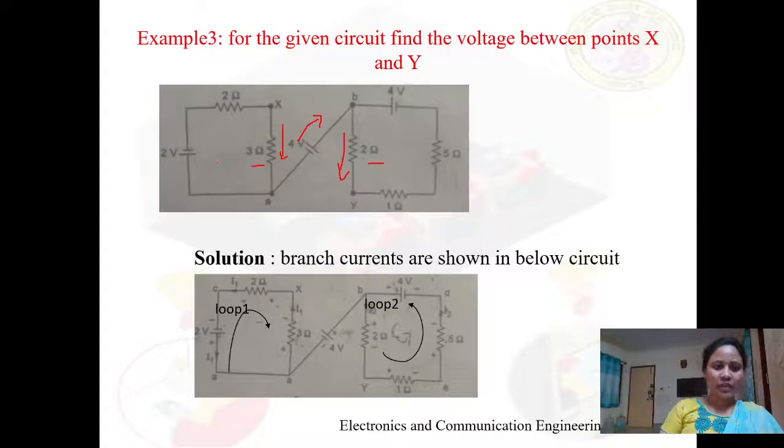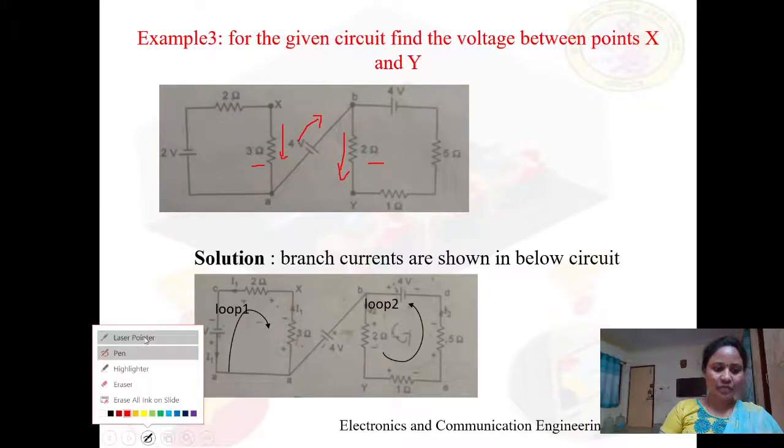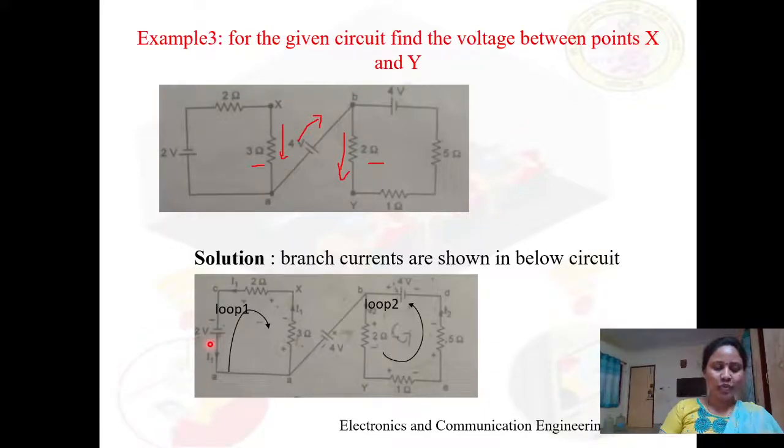Therefore, the sign changes here. Let me just redo it. For the 2 volt supply, or the battery, it is minus plus, and hence we take here minus plus.